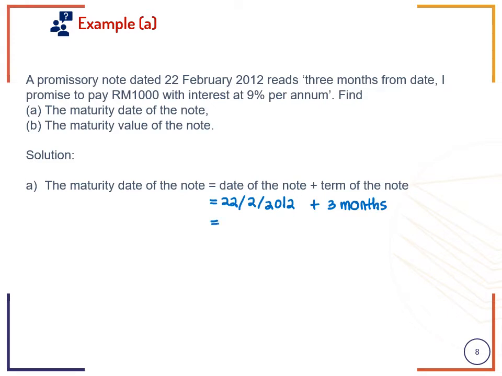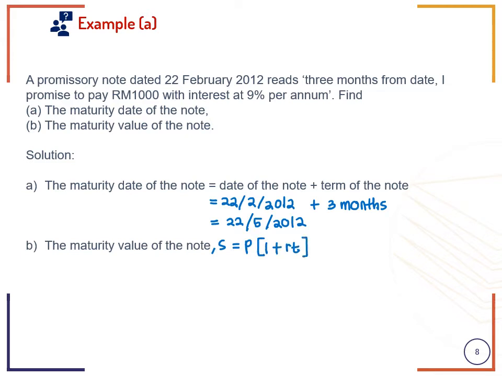Therefore, the maturity date of the note is on 22nd of May 2012. The maturity value of the note is denoted as S and derived as S = P(1 + RT), where P is equal to 1,000 ringgit, R is equal to 0.09, and T must be in terms of years.